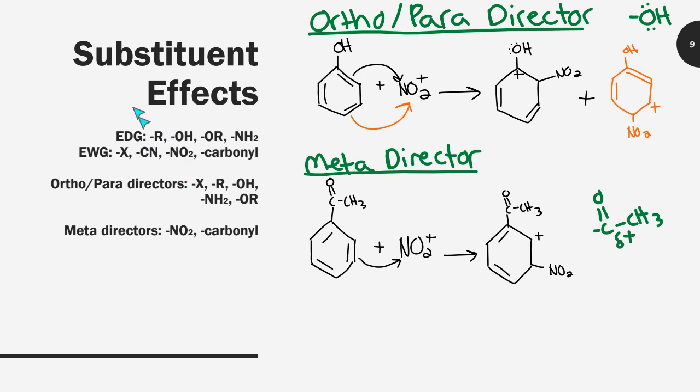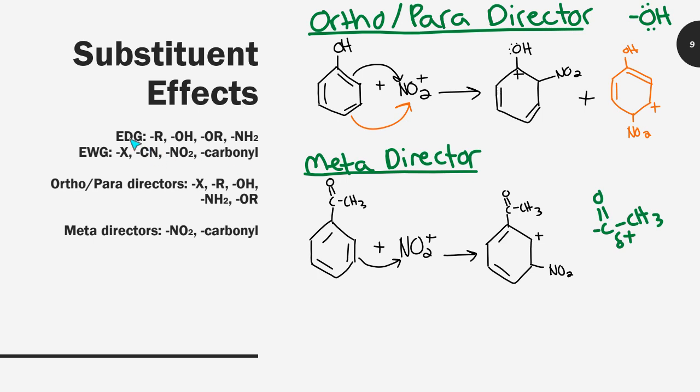So electron donating groups, your alpha groups are electron donating groups. OH group, OR, NH2. These are the electron donating groups you'll want to remember. And then electron withdrawing groups that you'll want to remember are your halo groups, cyanide, nitro group, and carbonyl group. These are the important ones for you to remember.